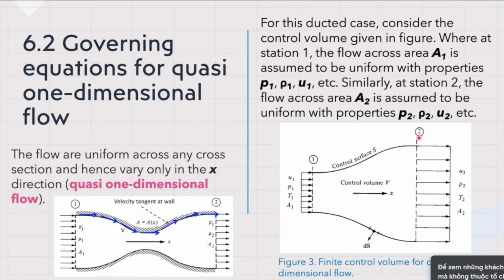Similarly, at station 2, the exit of the control volume, we also have the area A2, the pressure, the density, and the velocity, as well as, of course, the temperature at station 2, as shown in figure 3.